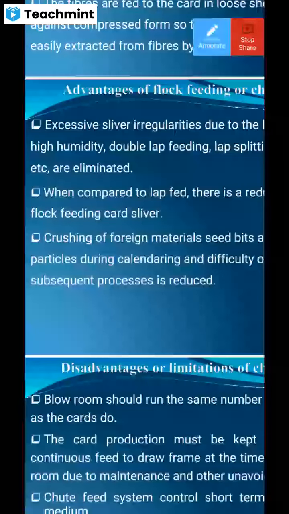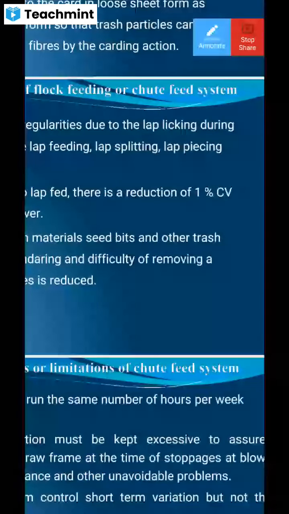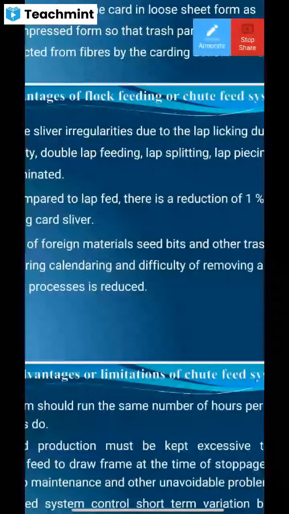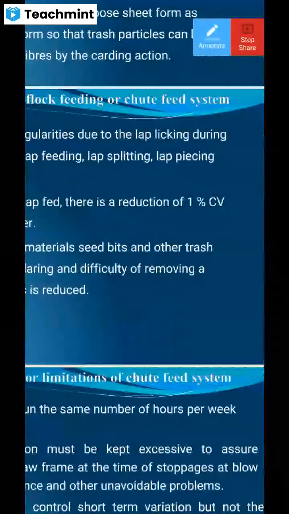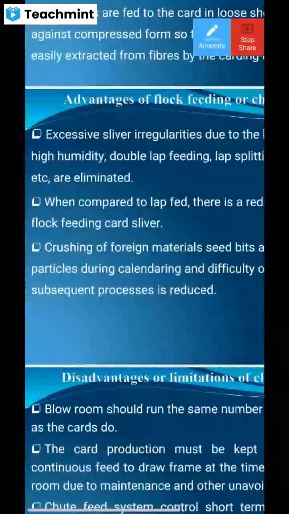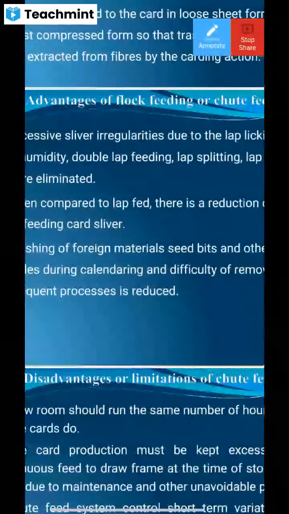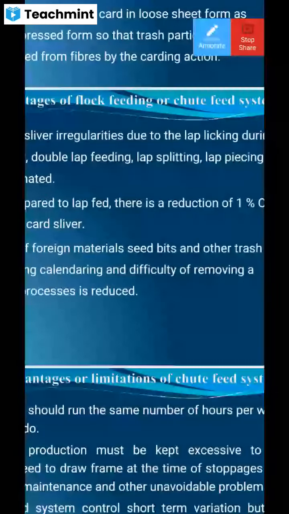Then compared to the lap feed, there is a reduction of CV 1% in the flock feeding system of the card sliver.